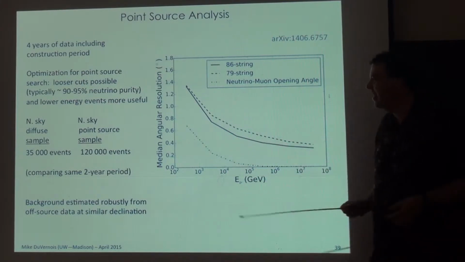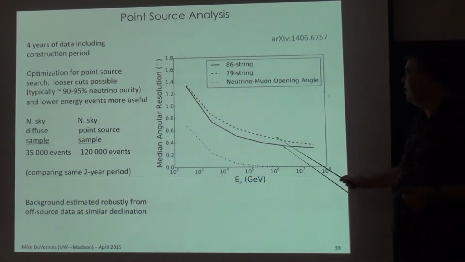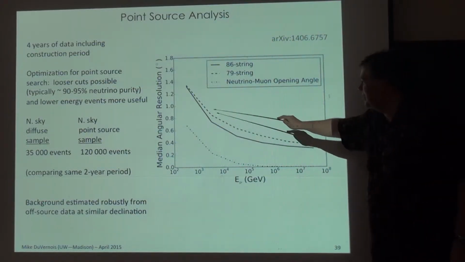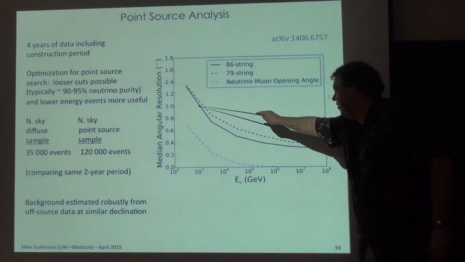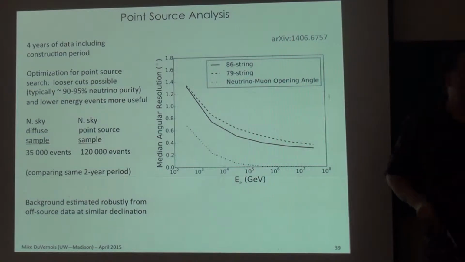You end up with about 120,000 events in a 2-year period that overlaps with the diffuse analysis. So that's about 60,000 events per year. And end up with angular resolutions sort of on order of a degree at the bottom of the energy range, and right about ½ a degree at the high energy end.